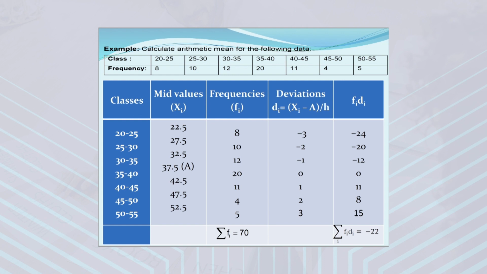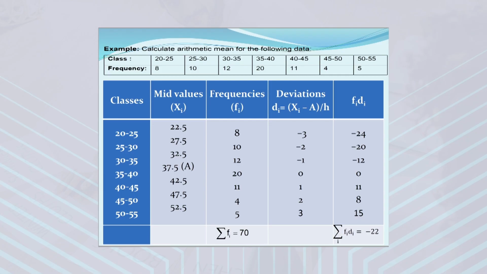In the third column, the corresponding frequencies are given, and the sum of frequency is 70. In the fourth column, we have calculated the deviations of xi values from the assumed mean, that is 37.5, and we have divided this difference by h, that is the class width, and it is here 5.